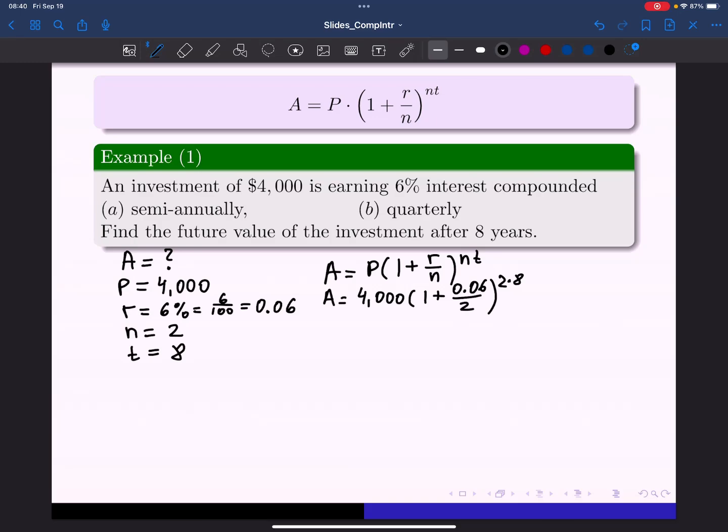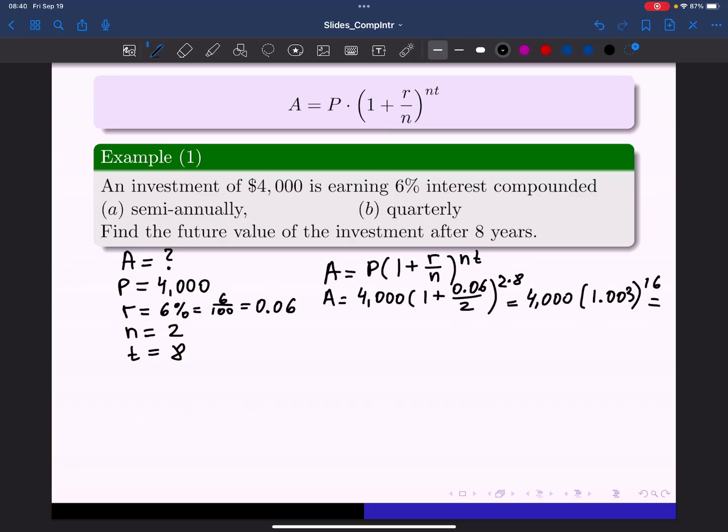So this is equal to 4,000. If I divide this, 0.06 divided by 2 gives me 0.03, and I add 1, so it would be 1.03 to the power, and 2 times 8 is 16.